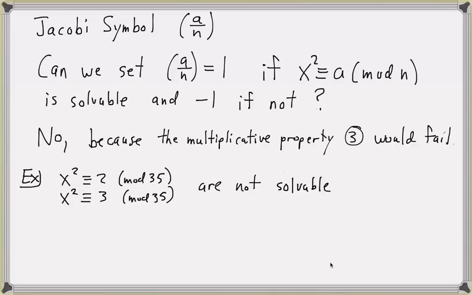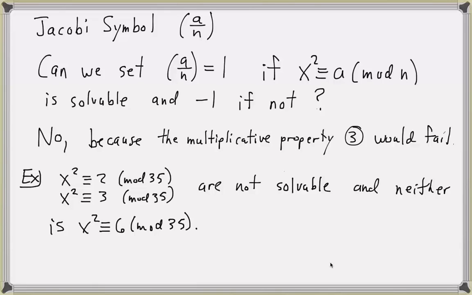So 2 and 3 are not quadratic residues mod 35, and 6 is also not a quadratic residue mod 35. Neither is x squared congruent to 6 mod 35.